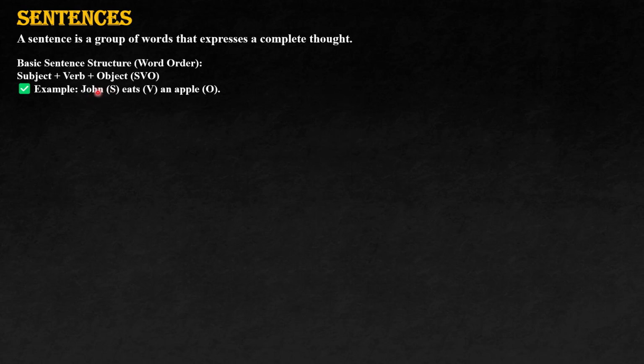If we have he, she, it, then we should add an S in front of the verb in the present tense. John eats an apple. So apple here in the sentence is the object. If the first letter starts with a vowel, we should add an. Remember that. So this is the basic example for sentences.